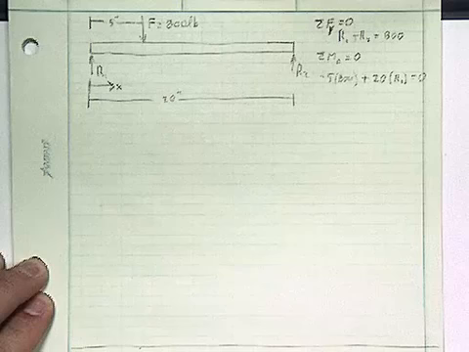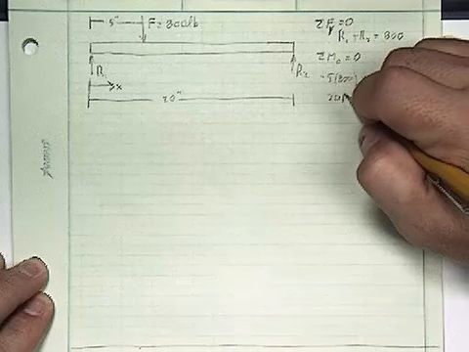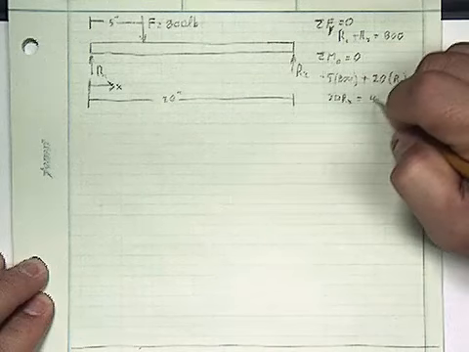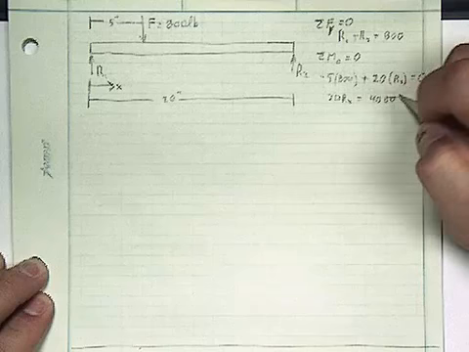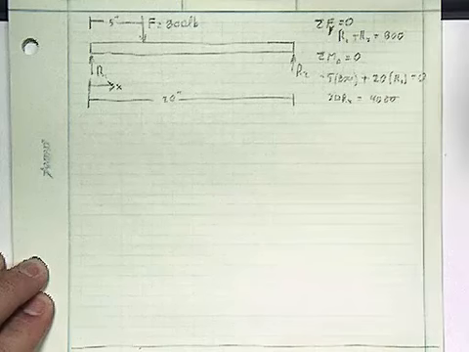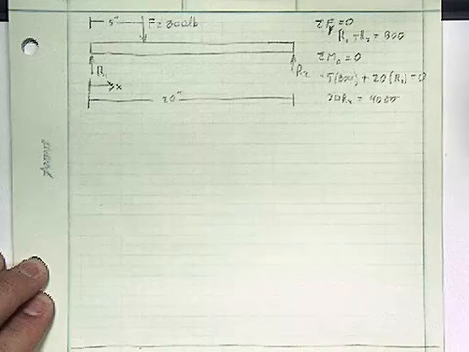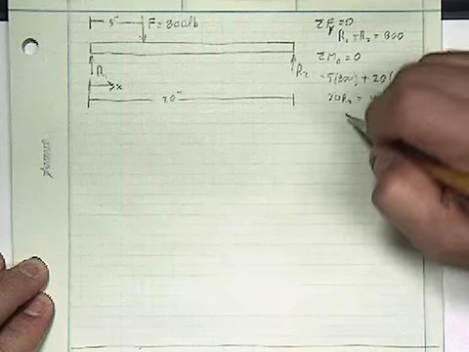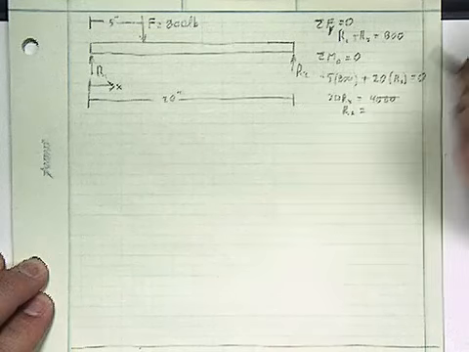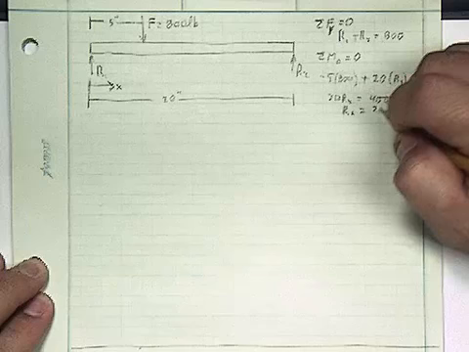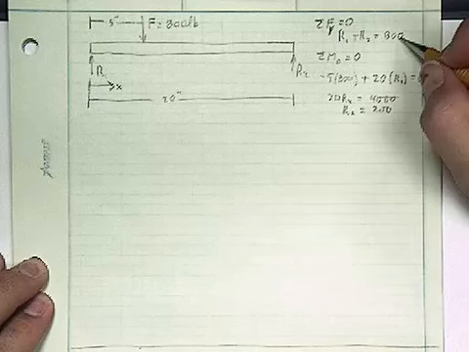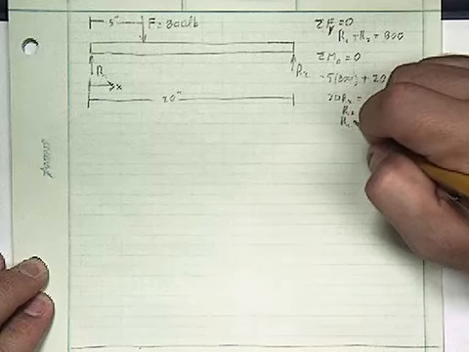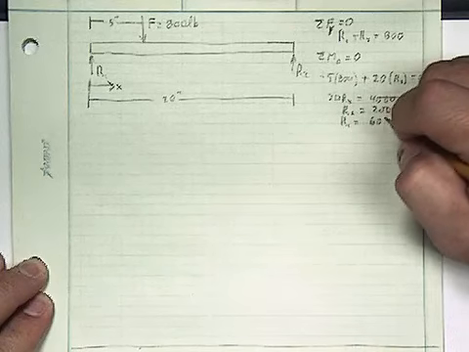Okay. So 20 R2 is equal to 4,000. So R2 then would be equal to 200, and then going back to my original equation, I'd realize that R1 has to be equal to 600 pounds.